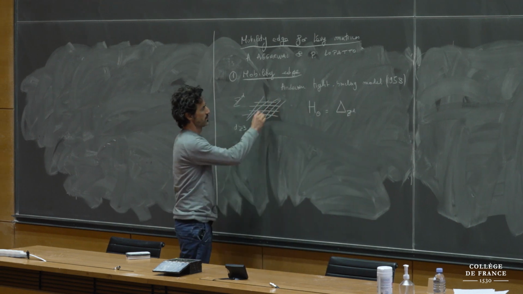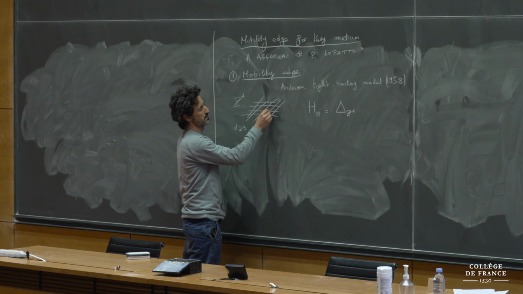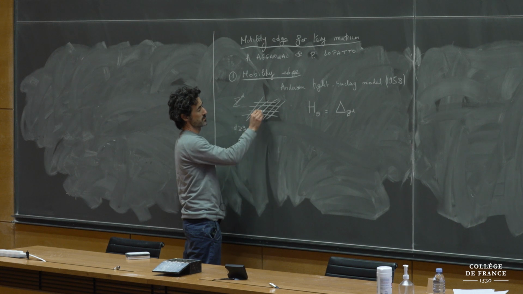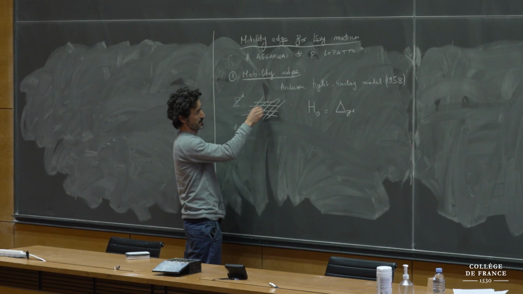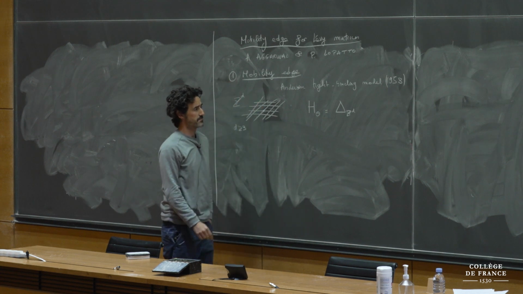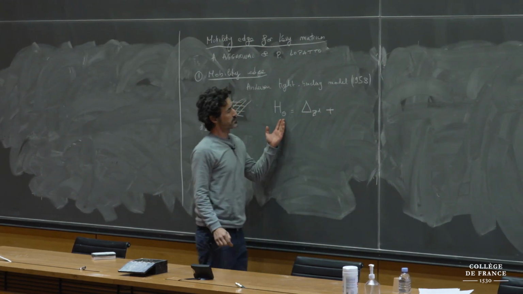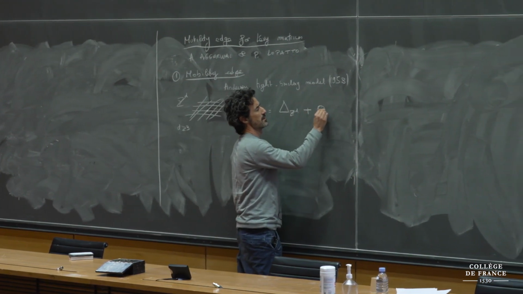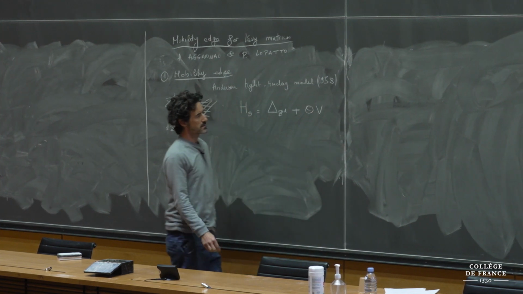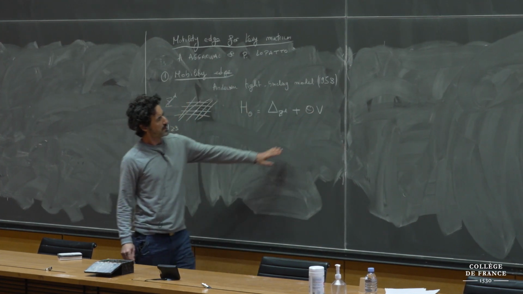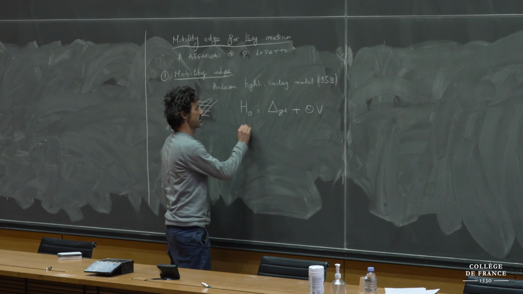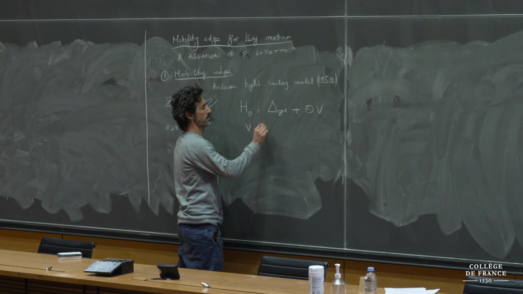You put weights 1 to all your neighbors, and maybe you subtract 2d times the identity, and you perturb it by introducing some random disorder, where V in the simplest model is a diagonal operator.